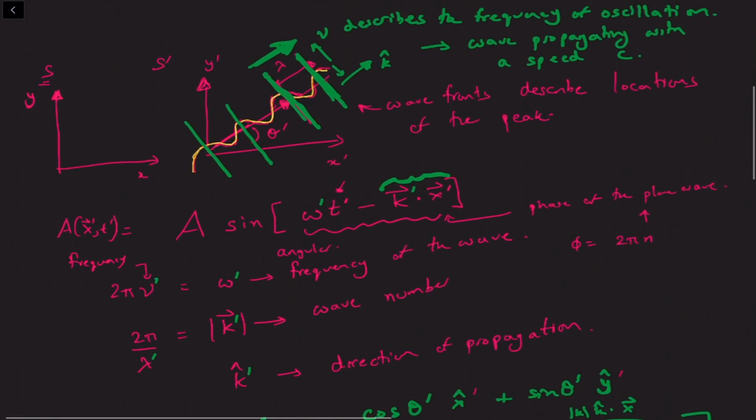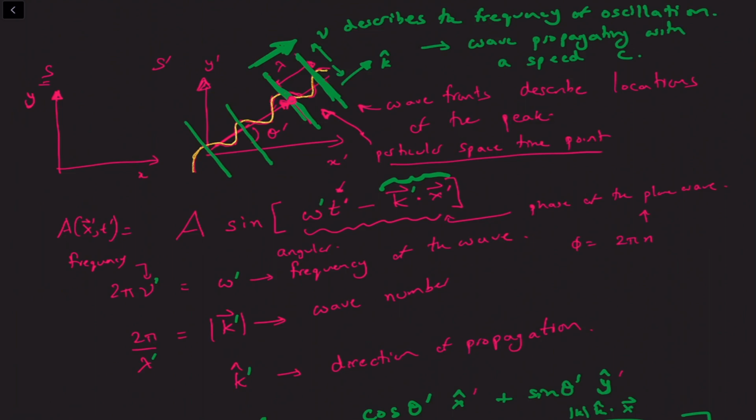Now, if both observers are looking at a particular space-time point, we of course know that they will have different descriptions of the coordinates of that space-time point.